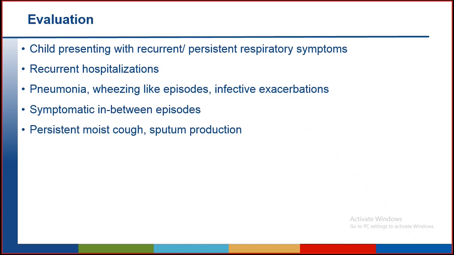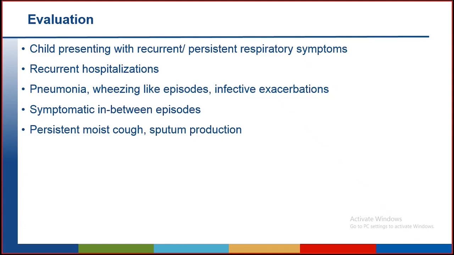So when we ask parents, considering the last few months or few years, how many days the child has cough, or what are the more days, with cough or without cough, most of the time they tell us the child had days with cough more than days without cough. That is indicative of some chronic lung involvement.